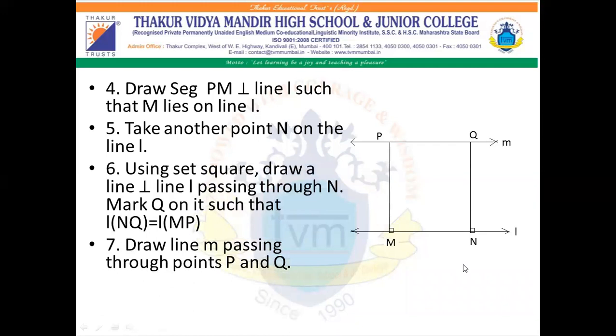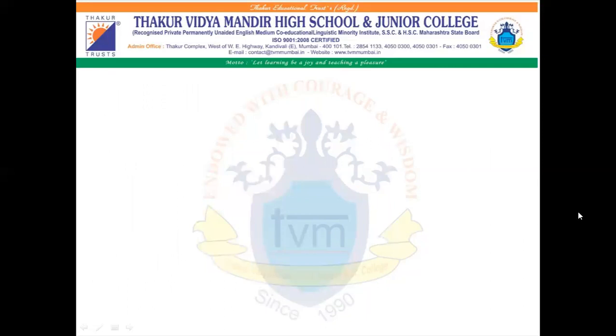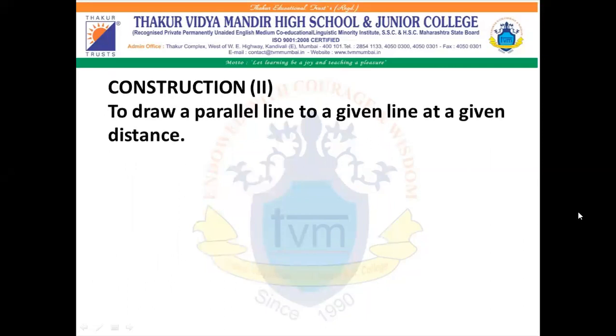Mark Q on it such that length NQ is equal to length MP. Draw a line M passing through the points P and Q. Thus, the line M is parallel to the line L. Second construction, to draw a parallel line to a given line at a given distance.